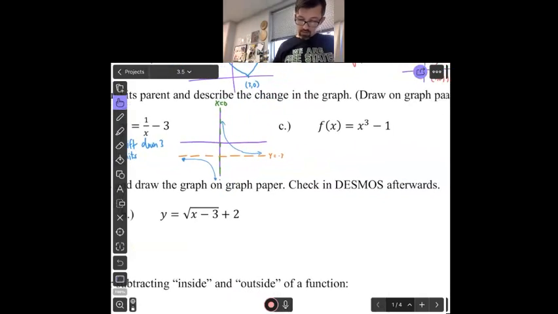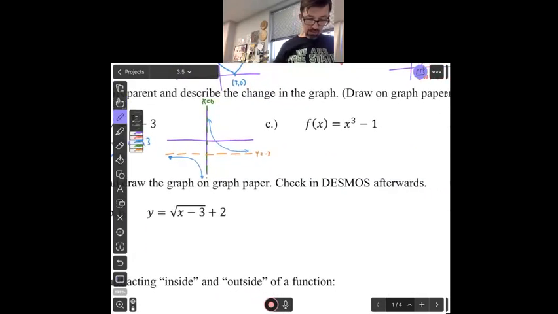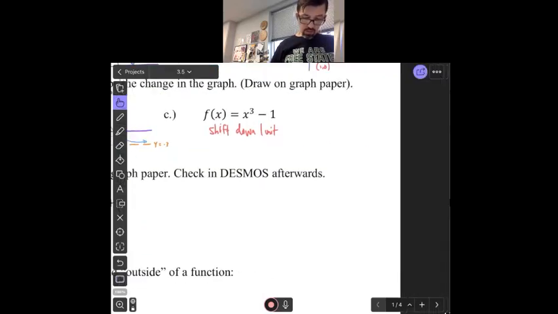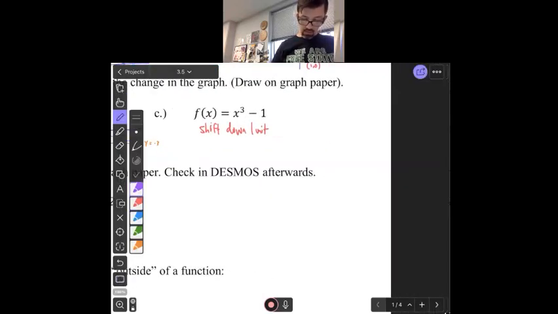And then this last one, let's shift down 1 unit. So x cubed was a vertical S. So here at 0, -1.